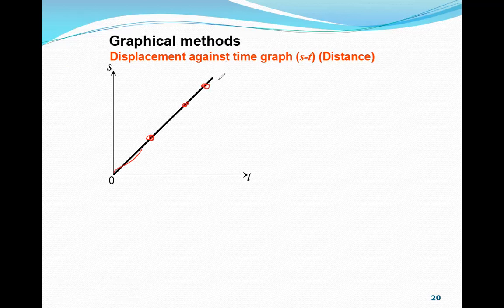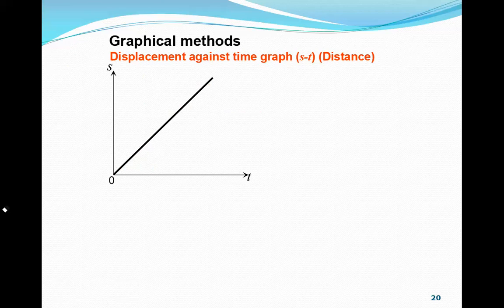If I have a line parallel to the x-axis like this, or parallel to the y-axis like this, that time the gradient will be 0. But if the line is only straight like this, not parallel to the x or y-axis, this line shows the gradient is constant.